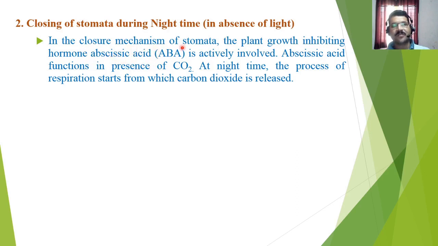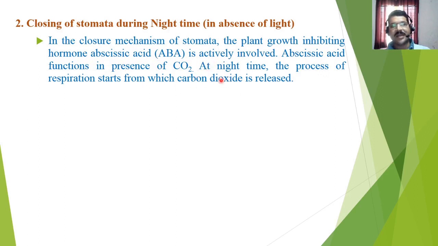role. So in the closure mechanism of stomata, this hormone is also known as plant growth inhibiting hormone, that is abscisic acid. It is actively involved. It becomes active in the presence of CO2.